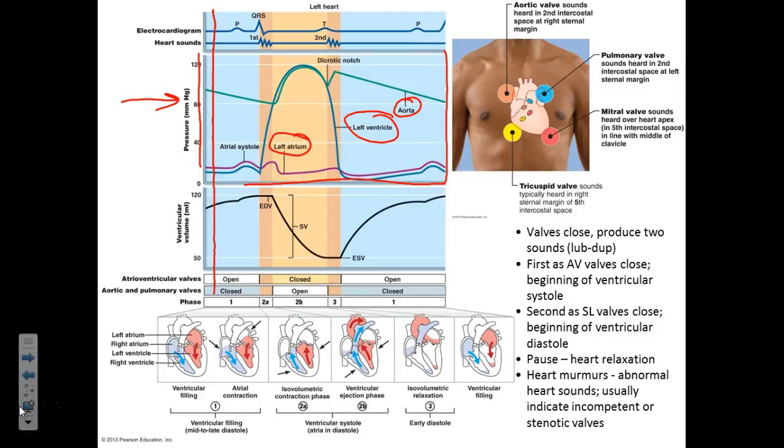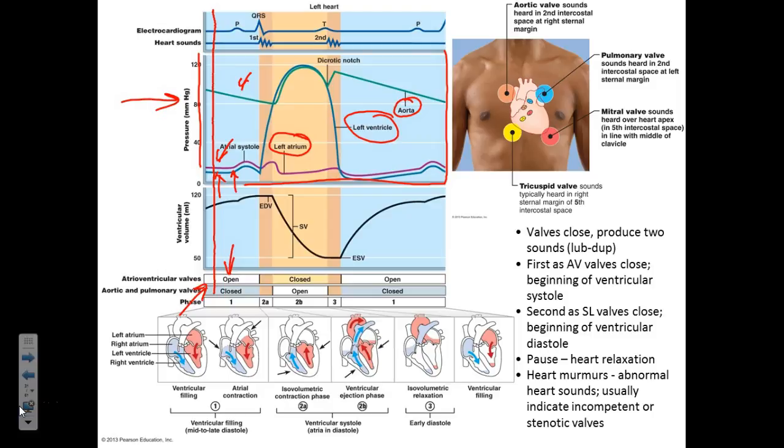Okay? So during ventricular filling, the pressure in the atrium is higher than the pressure in the ventricle. That allows the AV valve to remain open. The pressure in the blood vessel right here is higher than the pressure in the ventricle as well, so semilunar valve is closed.